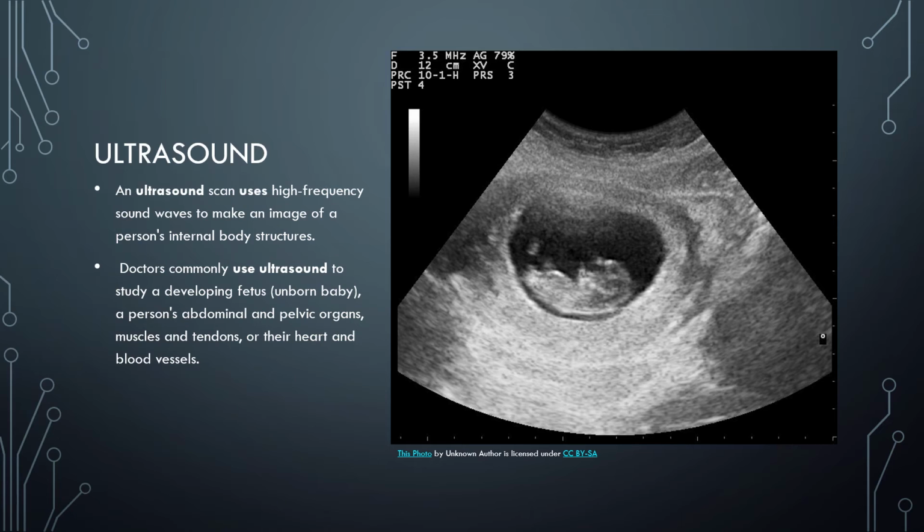And this is mostly used for studying a developing fetus, the abdomen, organs, muscle, tendons, to see if they're in the correct space, correct thickness, to see if the space between spaces is correct, the cecum, and blood vessels.